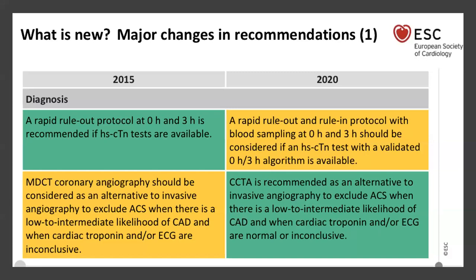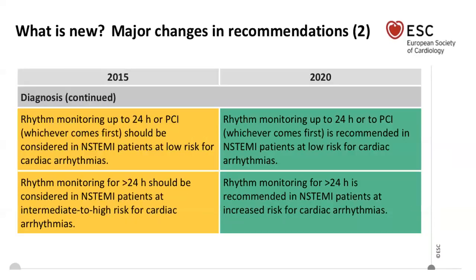And coronary CT is recommended as an alternative to invasive angiography to exclude acute coronary syndromes when there is a low to intermediate likelihood of coronary artery disease and the cardiac troponin or ECG are normal or inconclusive.